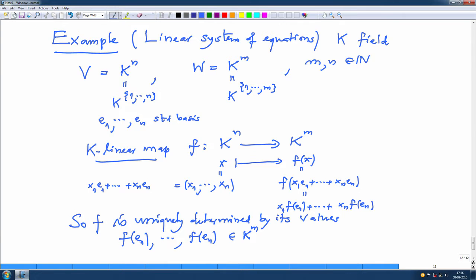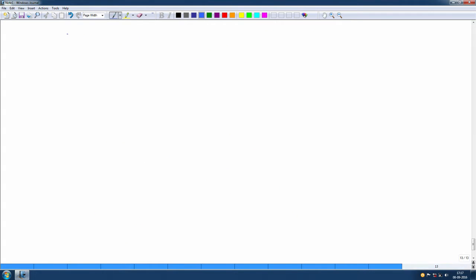Okay. So let us analyze what they are. I want to write f of e1, ..., f of en, which are m tuples. So let f of e1 be a vector in k power m.